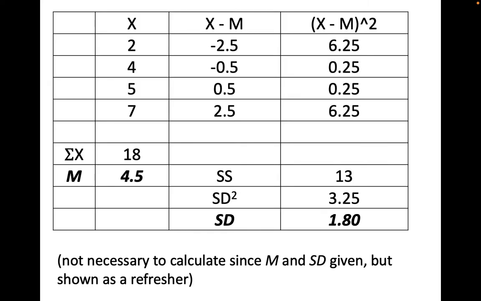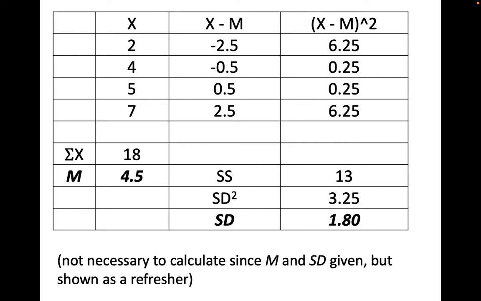Okay, I just wanted to show the calculation for the mean as well as the standard deviation. It wasn't necessary to calculate the mean and the standard deviation since those were given in the problem, but just as a refresher to be able to say, hey, where did the mean and the standard deviation come from? So I show you, we calculate the mean by taking the sum of the x-scores, which is 18, dividing by 4 to get 4.5.